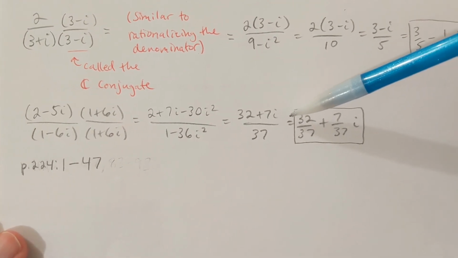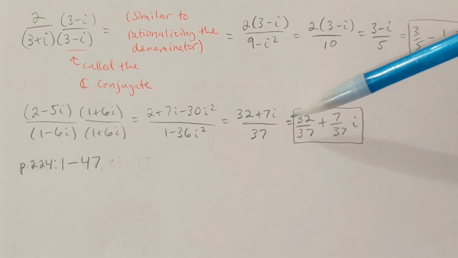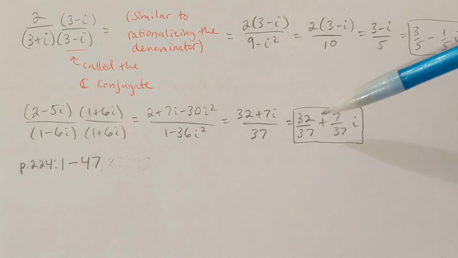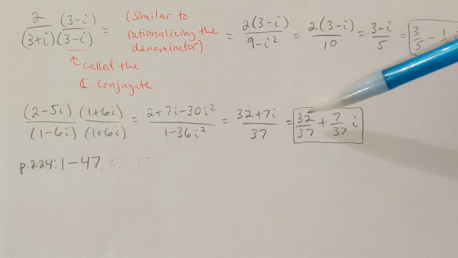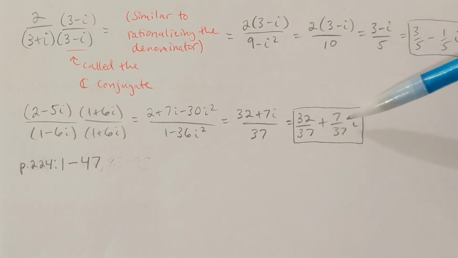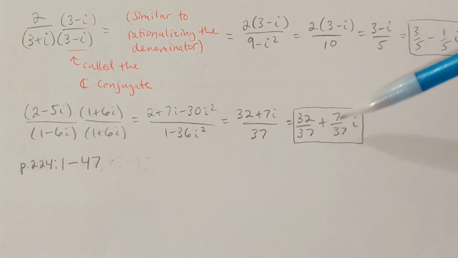Now technically that's not in complex number form because I'm not dividing by a single number on both the terms. So I want to take this a step further. 32 divided by 37 plus 7 over 37 times i. Okay, and that would be as far as I can go.